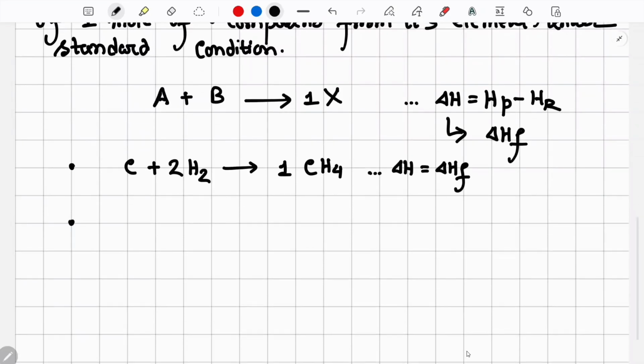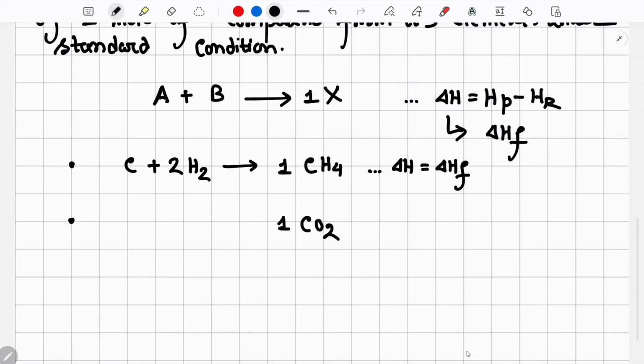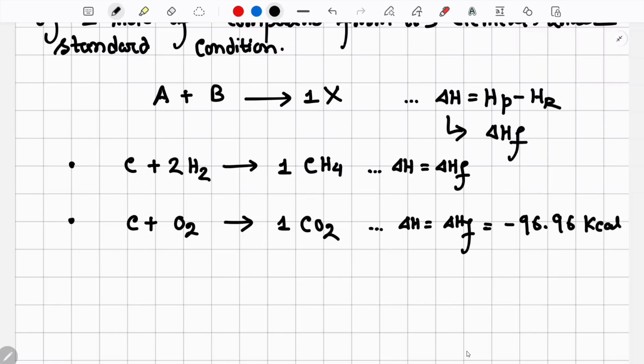Just another example, if I ask carbon dioxide, then it will be carbon plus oxygen. What will be the values for this reaction? This is 96.96 kilocalories, and for this reaction it is 18.50 kilocalories.